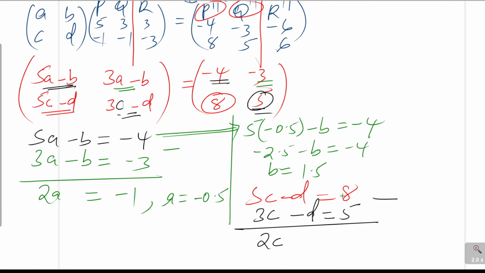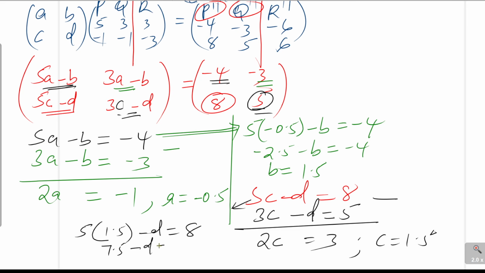D will be eliminated. So 8 subtract 5 will give 3. So from these, C is equal to 1.5. So if C is 1.5, I can use one of the equations here. So 5 times 1.5, minus D is equal to 8. So this will give 7.5 minus D is equal to 8. And here, D will be given by -0.5.